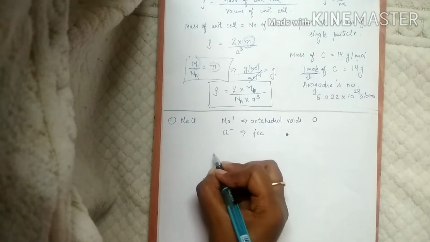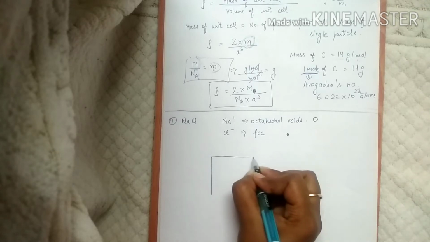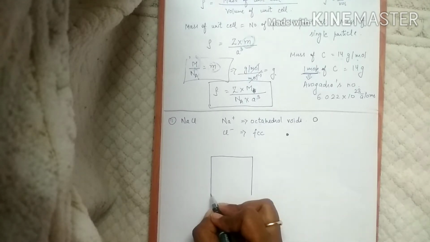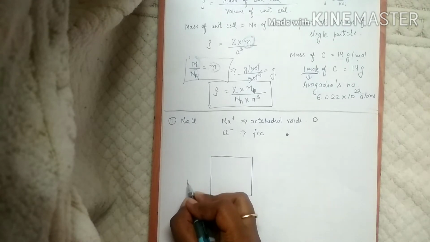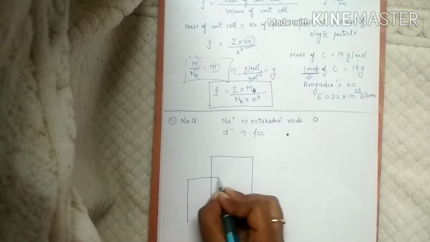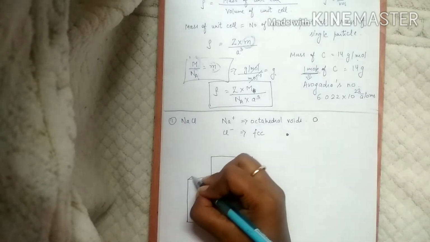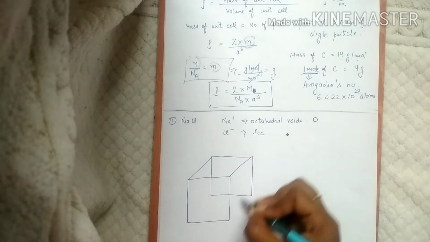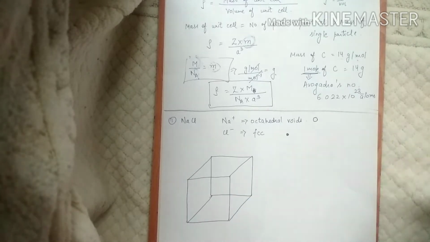So suppose this is a crystal structure. So first we are going to locate the Cl negative ions.